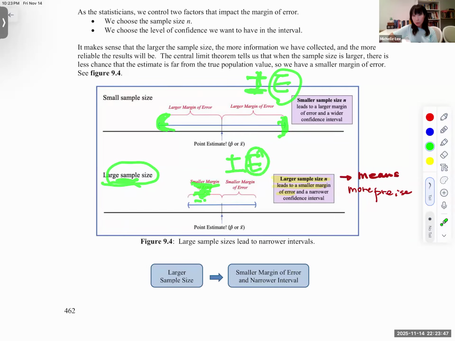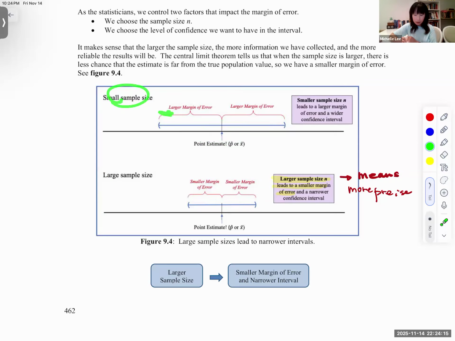If the margin of error is small, then the number for the positive is smaller, and then for the negative, we also have a number smaller than the above, right? Yeah, because the margin of error is small. Make sense? Both numbers are small, right? Okay, so why does a small sample size lead to the largest margin of error?